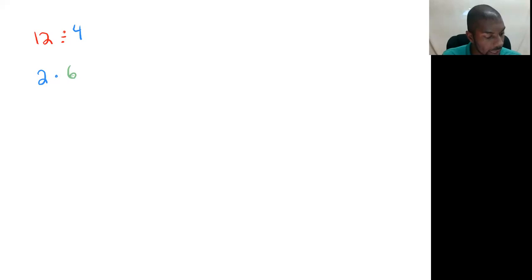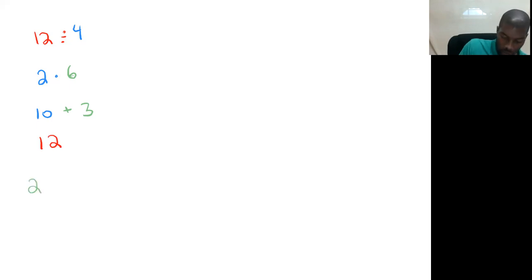Oh, let's also get a regular addition problem, 10 plus 3. Then we have just the number 12. And then we have 2 parentheses 5.